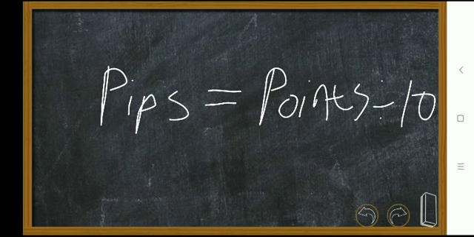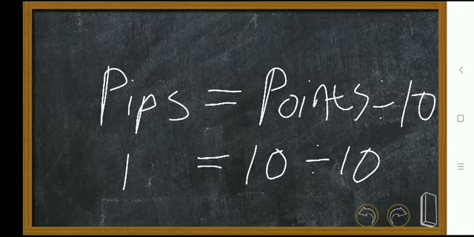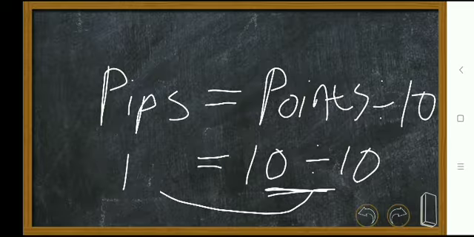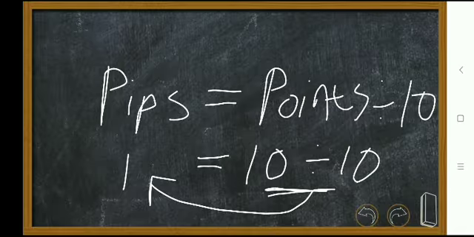As you've also noted, 1 pip is equal to 10 points by 10. This gives you this. I hope we are still together. Remember, pips and points are price. Price is calculated in pips and points.